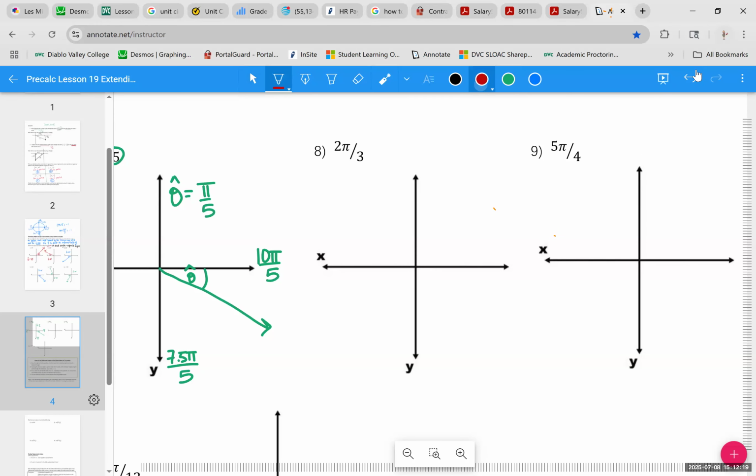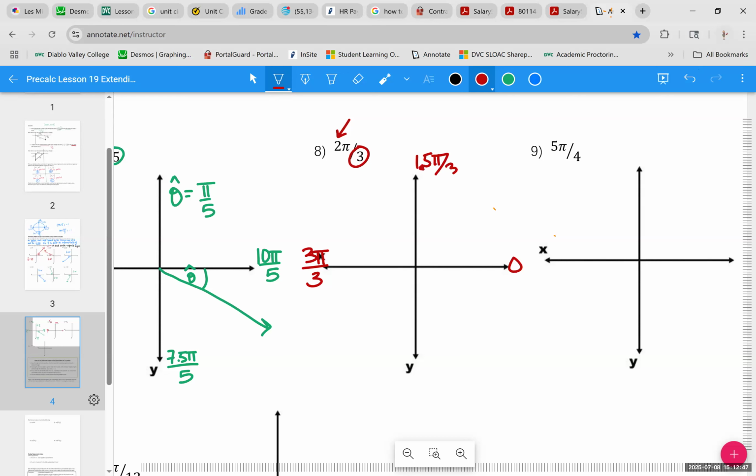2 pi over 3. And if you don't have to rewrite everything in terms of pi, that's fine. Then just go do it. But because we're over 3, I'm going to write this as 3 pi over 3. If I went all the way around, it'd be 6 pi over 3, but I don't really need to because 2 pi over 3, halfway between 0 and 3 pi over 3 would be 1.5 pi over 3. That's a point.